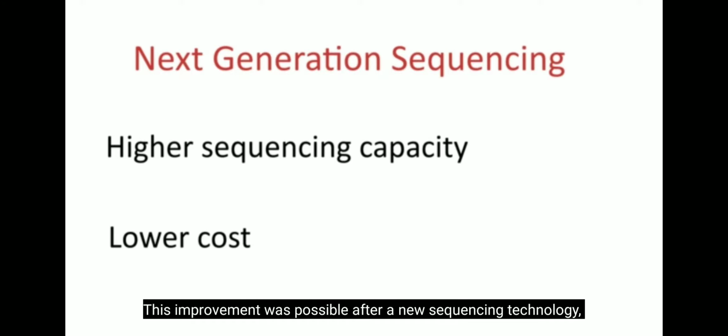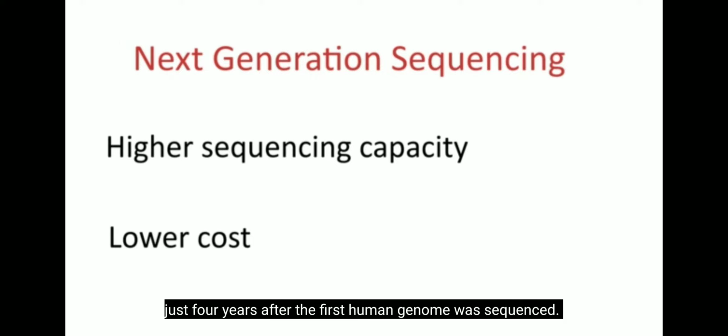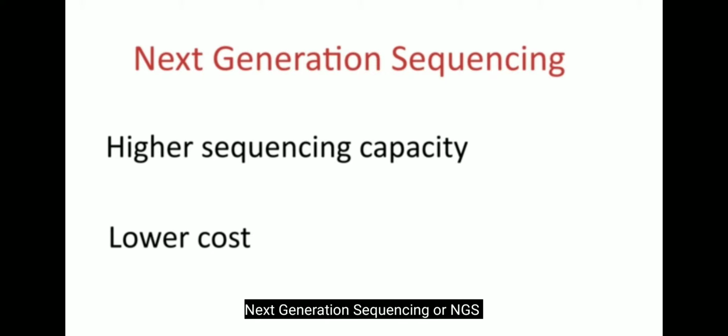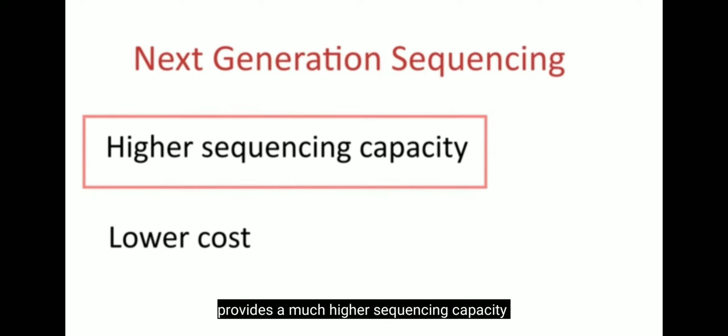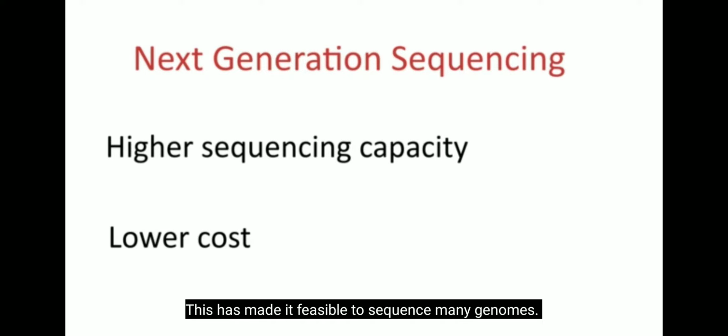This improvement was possible after a new sequencing technology, next-generation sequencing, was introduced in 2007, just 4 years after the first human genome was sequenced. Next-generation sequencing, or NGS, provides a much higher sequencing capacity at a lower cost. This has made it feasible to sequence many genomes.